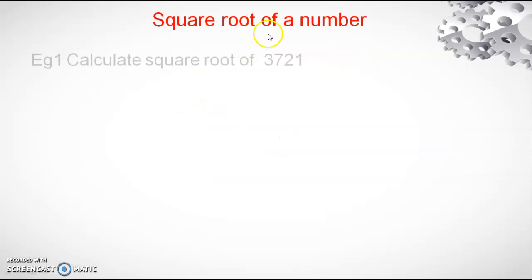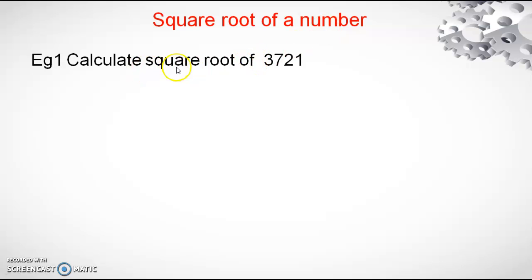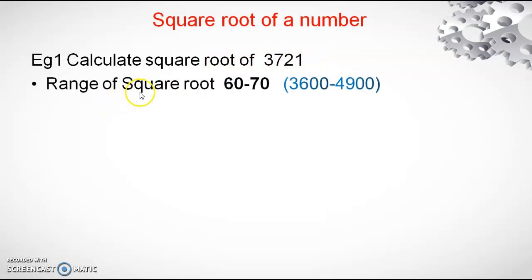So how to find square root of number? I want to show you the same example 3721. We will find square root of this number. So our first step is first find range of its square root. So if you see 3721, this number lies between 3600, this is square of 60, and 4900, this is square of 70.